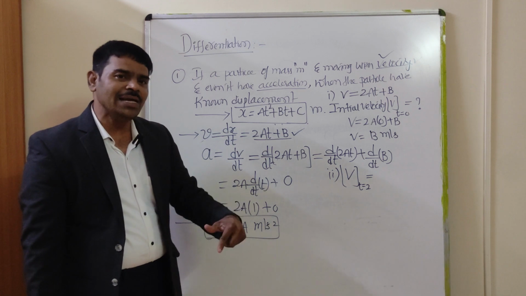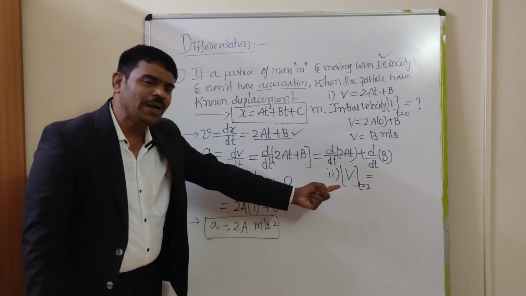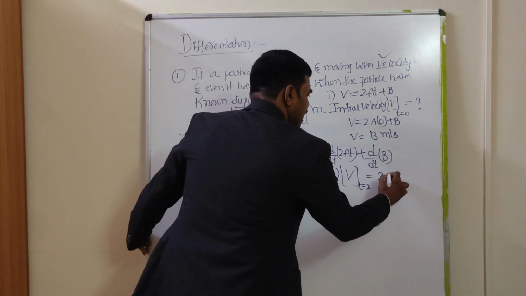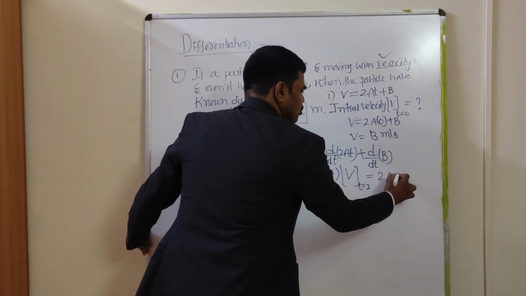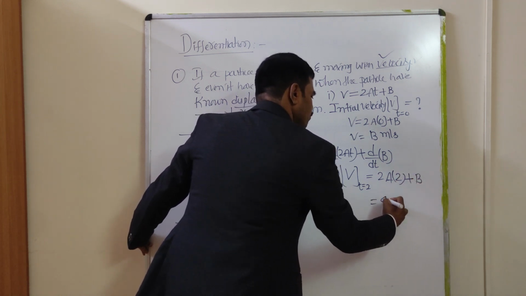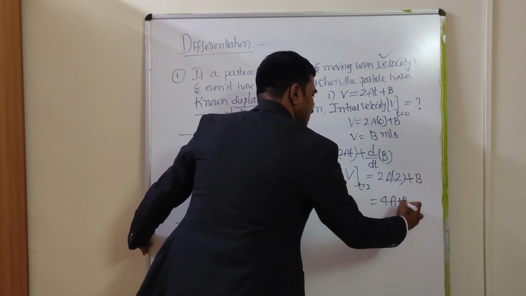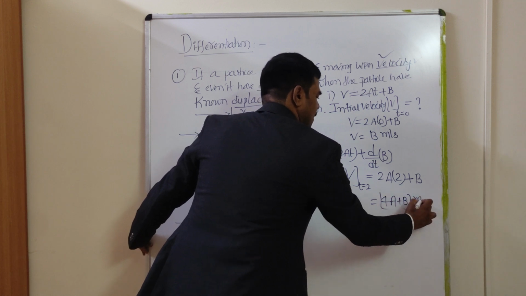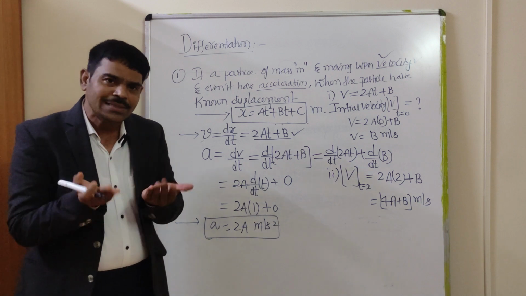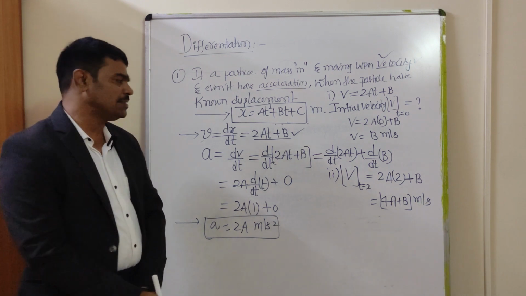In place of t, what do you have to replace? 2 seconds. That is 2a into t, which is 2, plus b. This is 4a plus b meters per second. Now the questions they will ask you in such a manner. That is the third point.